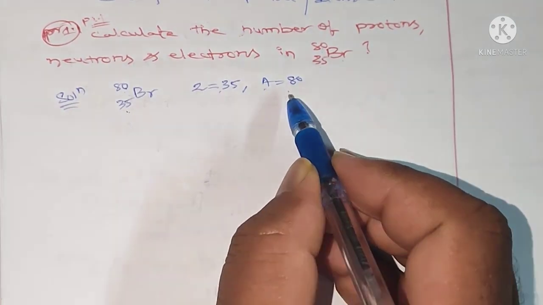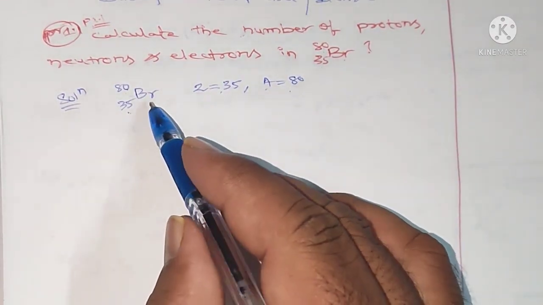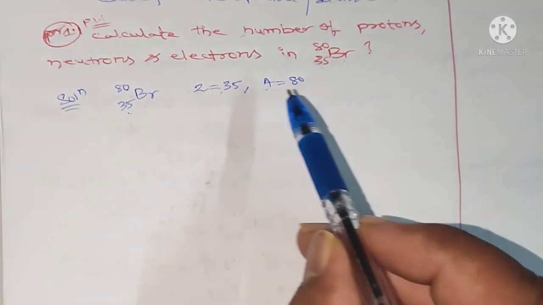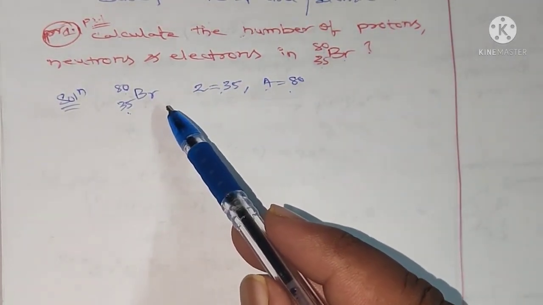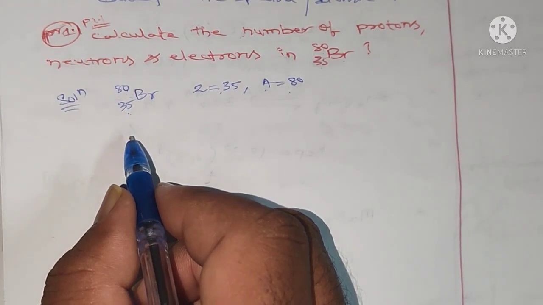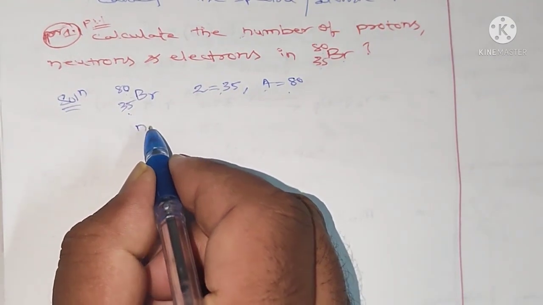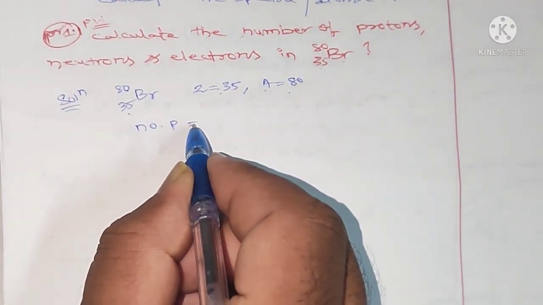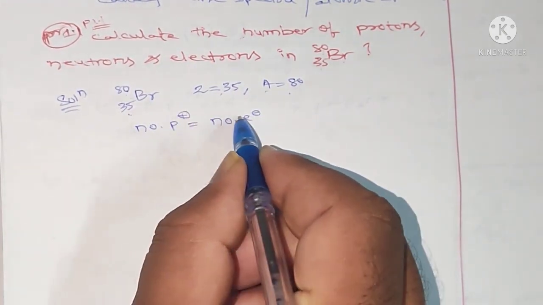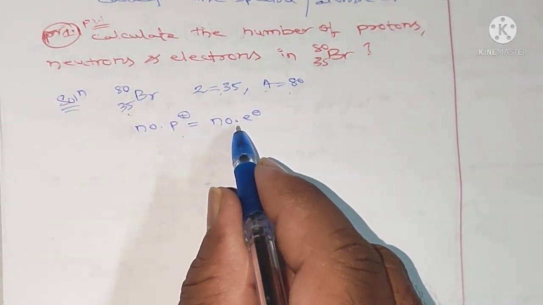This is a neutral atom because there is no charge, no negative and no positive. And we know that the number of protons is equal to the number of electrons in a neutral atom.